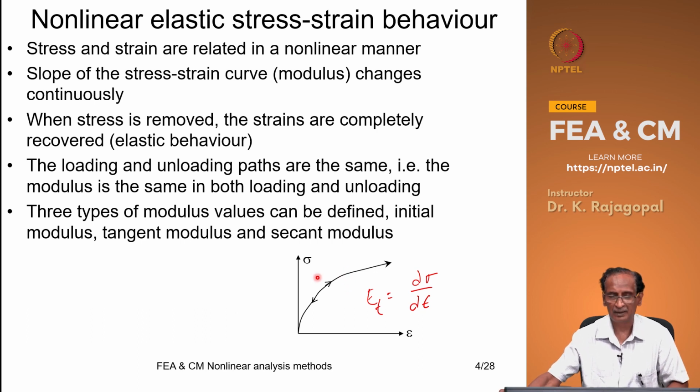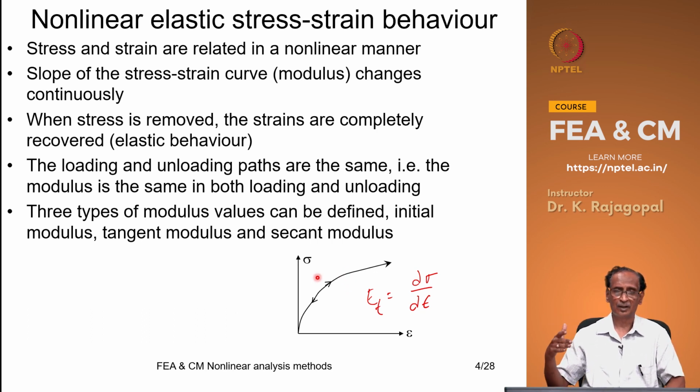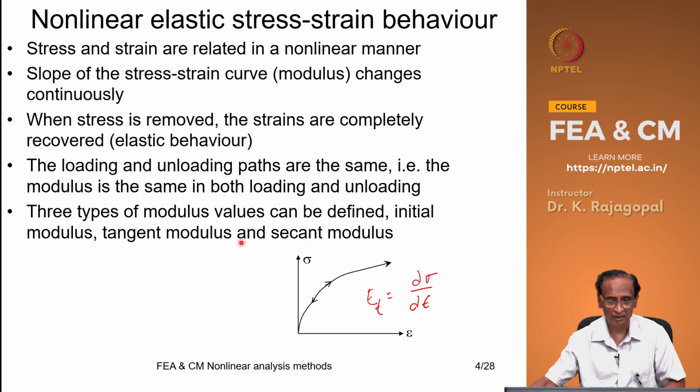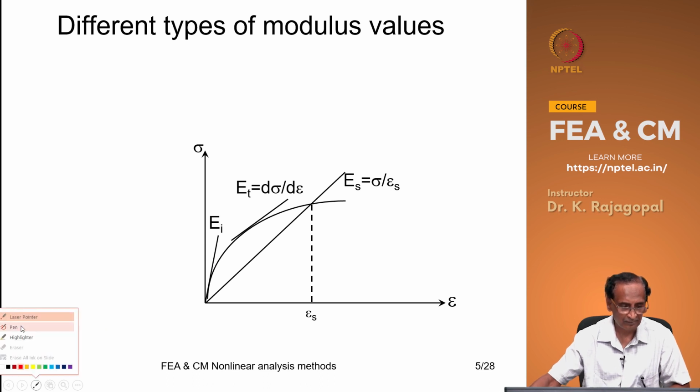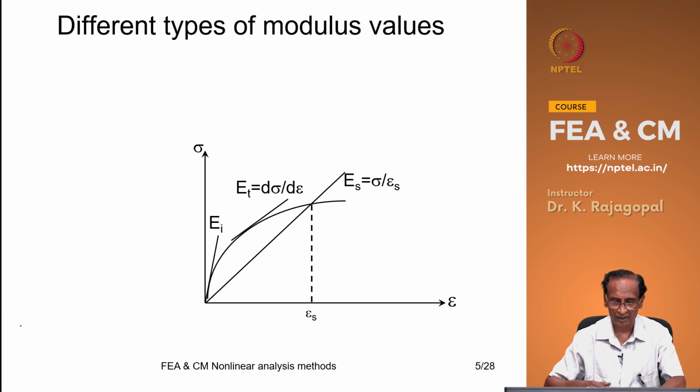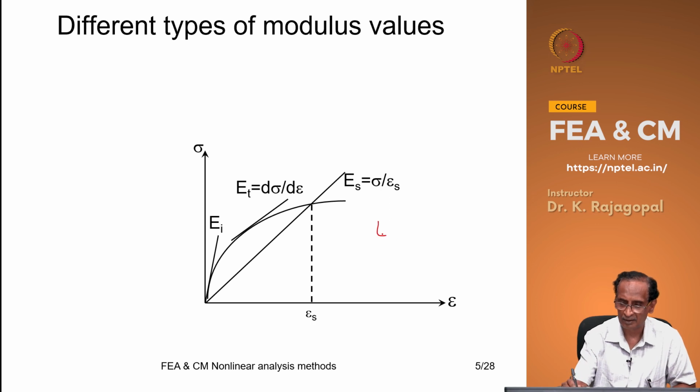So if you completely remove the stress that you applied, you will recover all the strains that were caused. And we can actually define 3 different modulus values for this type of behavior. One is Young's modulus, the initial modulus, the slope of this stress strain curve at a very low strain level, or the initial modulus.